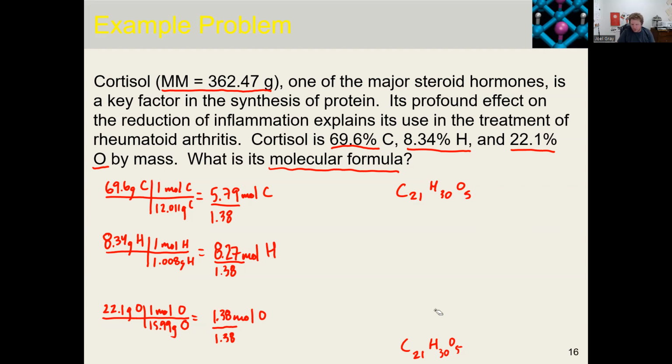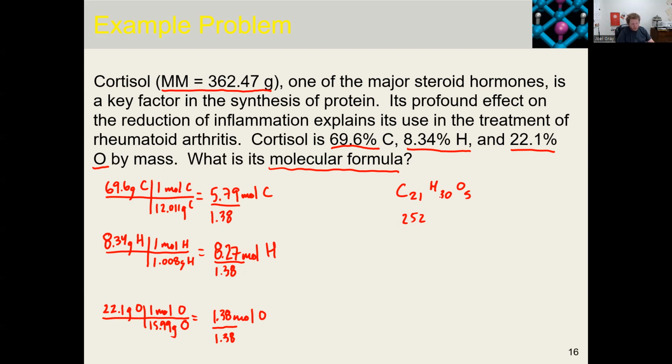Now this question, though, asked us for the molecular formula. Okay, so let's go ahead and take this empirical formula that we've solved for and figure out what our molar mass is. So if we do 21 times the molar mass of carbon, which is 12, we get 252.